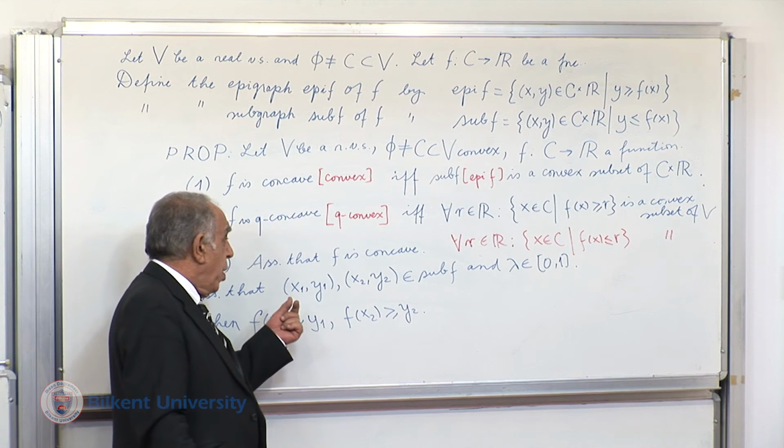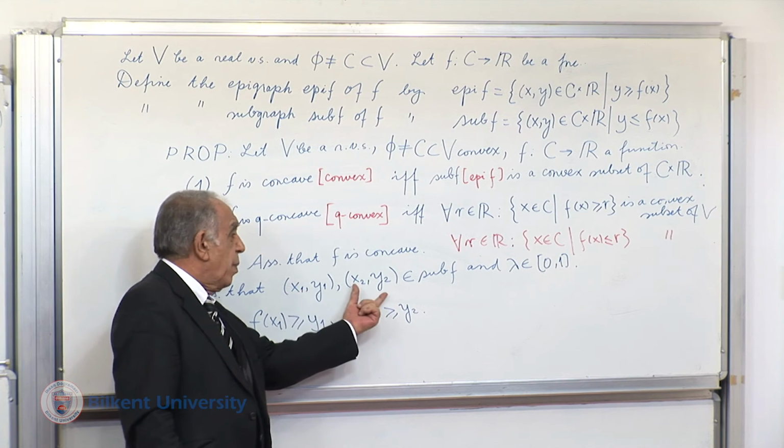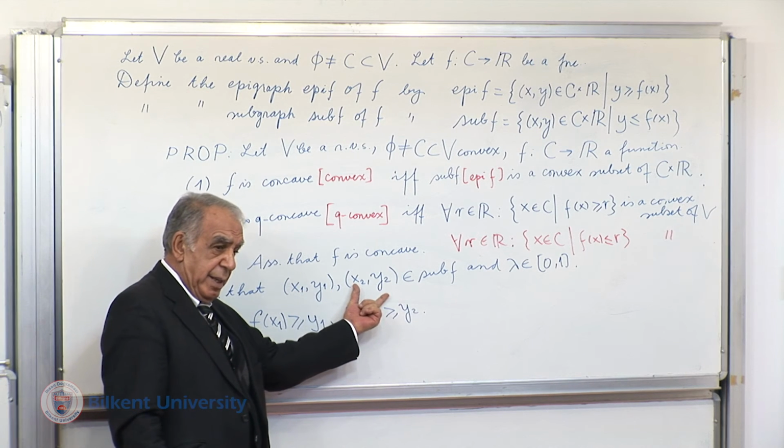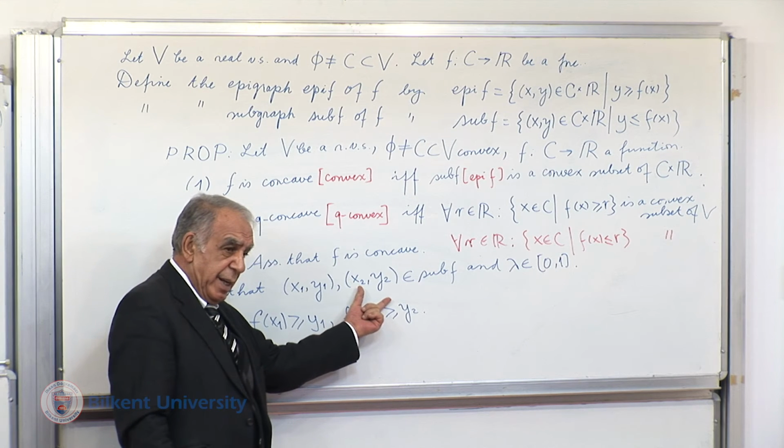What we wish to show is that lambda times this plus 1 minus lambda times this is in the subgraph as well.